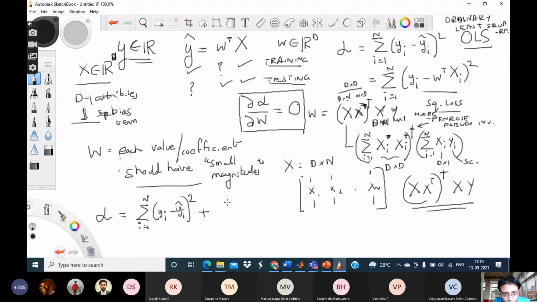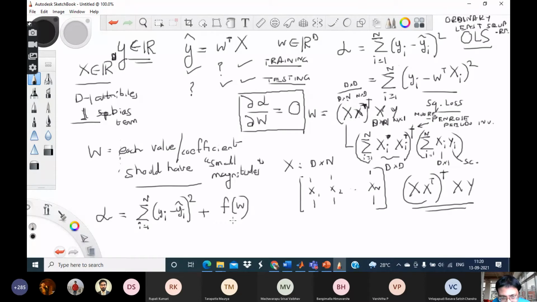Additionally, I also want to define a function on W, such a function which will take high values when the structure which I want is violated, and low value when W actually follows the structure which I want.